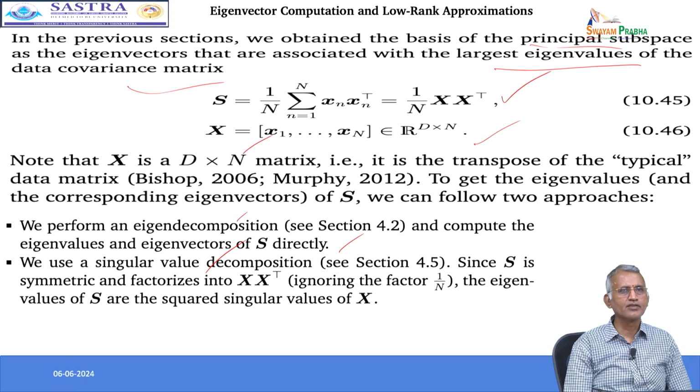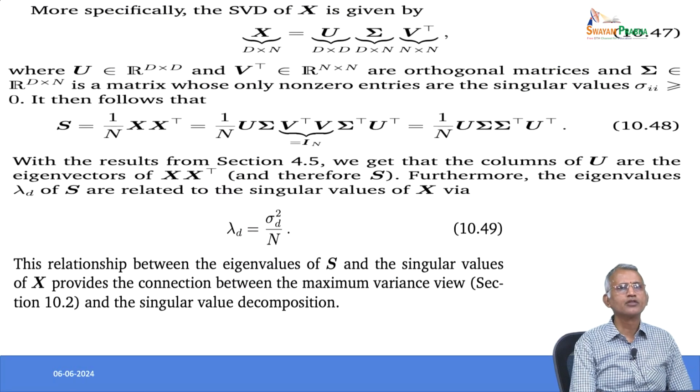The eigenvalues of S are the squared singular values of X. More specifically, the singular value decomposition of X is given by X equal to U Sigma V transpose, where X is a d cross n matrix.